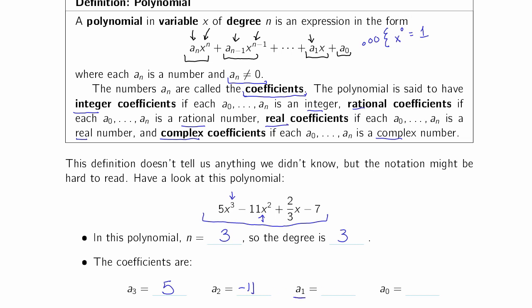A subscript 1, that's the coefficient of just x. That's 2/3. A subscript 0, that's the constant. That's negative 7. The way that we would read something like this, we would say A0.